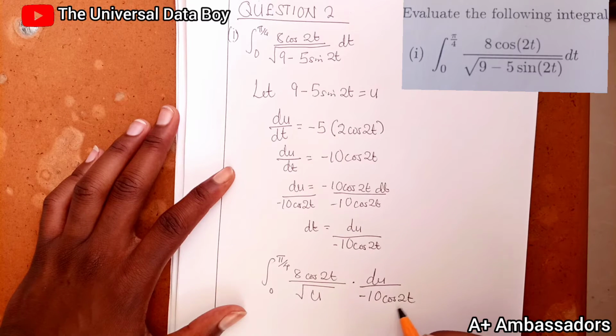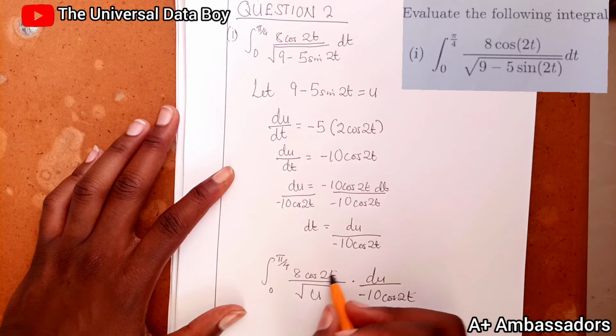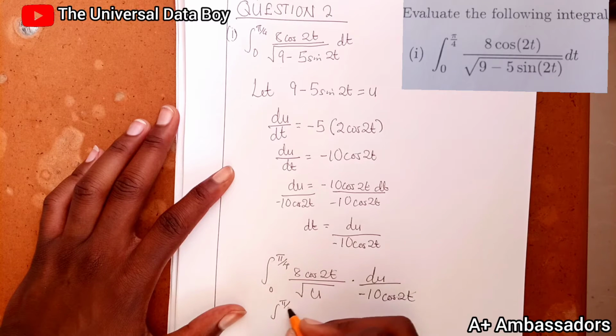So now here we have the negative 10 cosine 2t. The cosine 2t can cancel out with that one, and then we'll have the integral pi over 4 0 of 8 over negative 10 square root of u du.